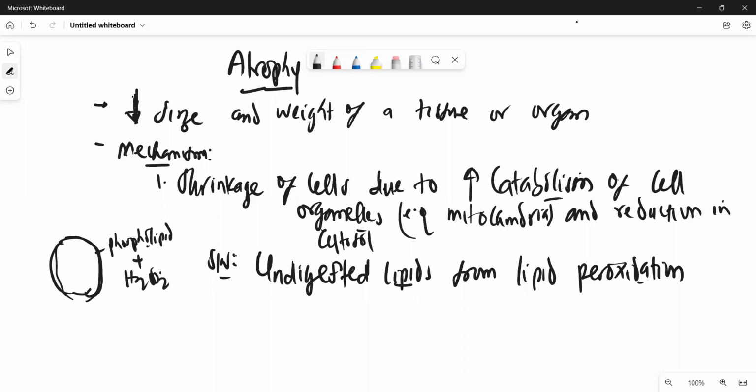It can react with this phospholipid, and that will initiate injury to those cells. That's what we call lipid peroxidation. So the product of that can form some undigested lipid, which we can't digest in our body, as a result of the lipid peroxidation of the cell membrane.